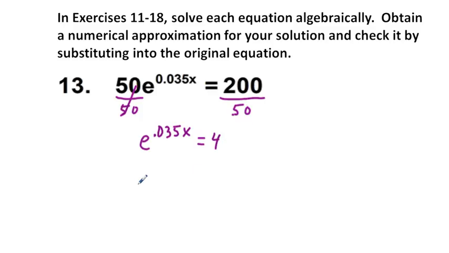So we can change this into a logarithm, in this case, a natural logarithm. ln, natural logarithm, equals log base e. So we're going to write this as the base of the exponent becomes the base of the logarithm.